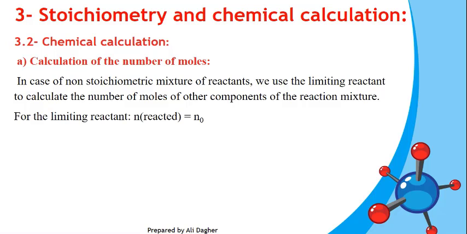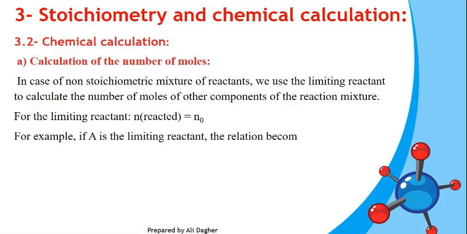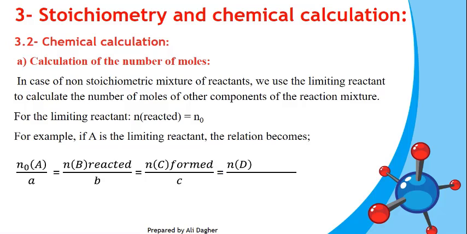For the limiting reactant, number of mole of reactant reacted is equal to the initial number of mole, since the limiting reactant disappears completely. Then n0 of this reactant reacts completely. For example, if A is the limiting reactant, the relation becomes n0A. We replace nA reacted by n0 because number of mole of A reacted equal n0 since it is the limiting reactant.